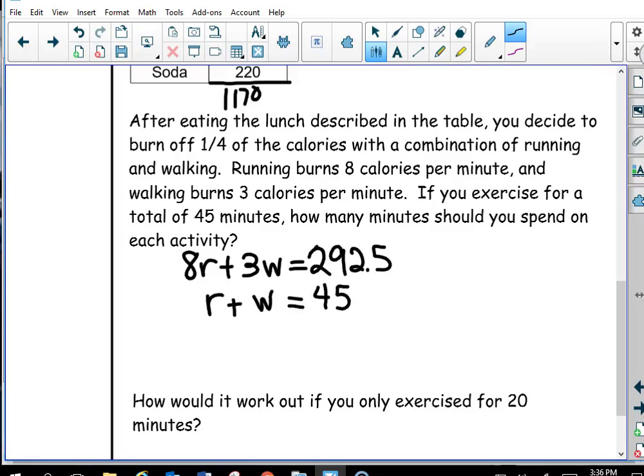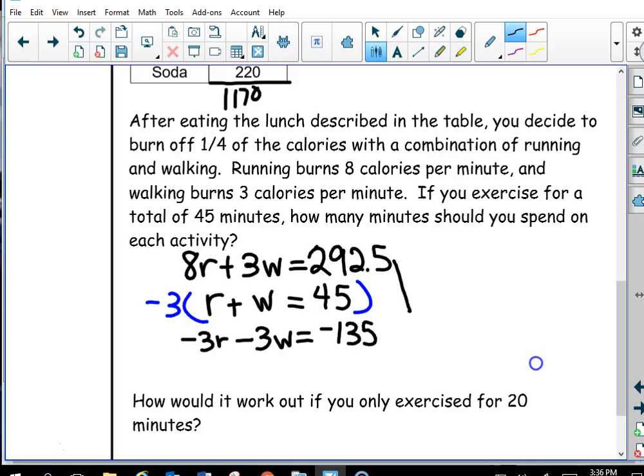So this is a system of equations, and I'm going to solve this for W. If I multiply this equation by -3, then I'll be able to cancel it with the equation on top of it. So what do we get? We get -3R minus 3W, and then 45 times -3 gives me -135.